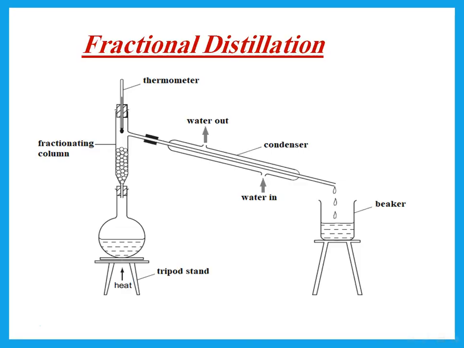Now, the other method of separation is fractional distillation, and the difference here is that we have that part that is called fractionating column. Now, when do we use fractional distillation? This is to separate a mixture of liquids based on the difference in boiling point. So the one that has lower boiling point will boil first and will be collected into a beaker. So that would be what we call the first fraction.